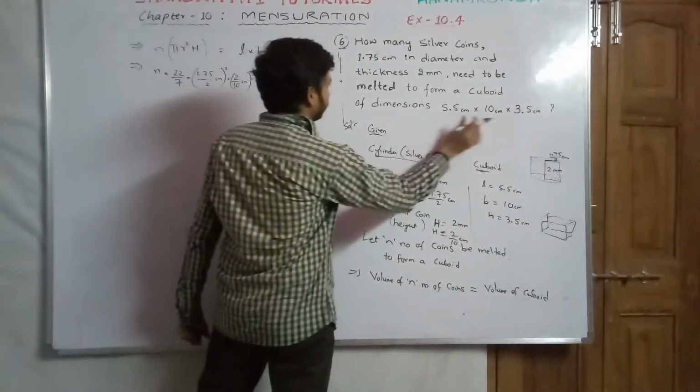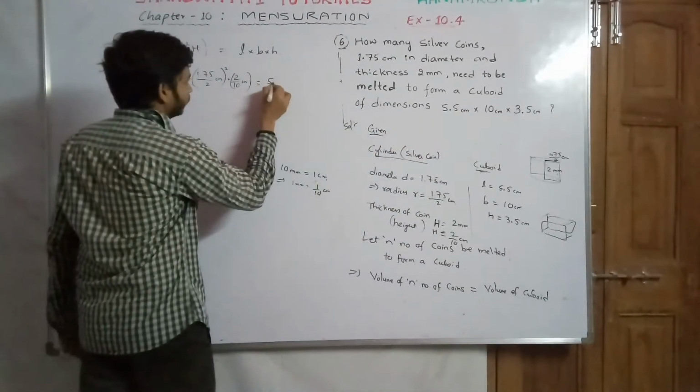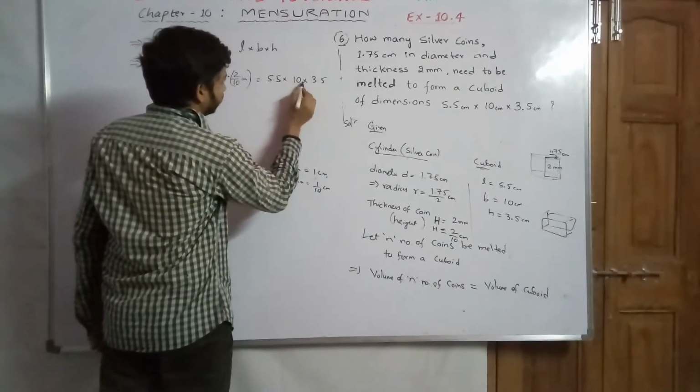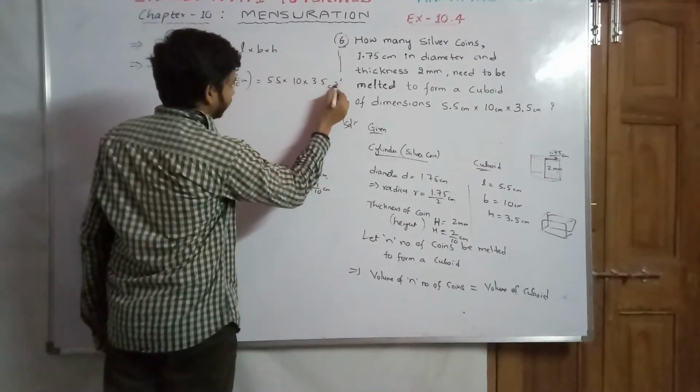The volume of the cuboid is 5.5 into 10 into 3.5 cubic centimeters.